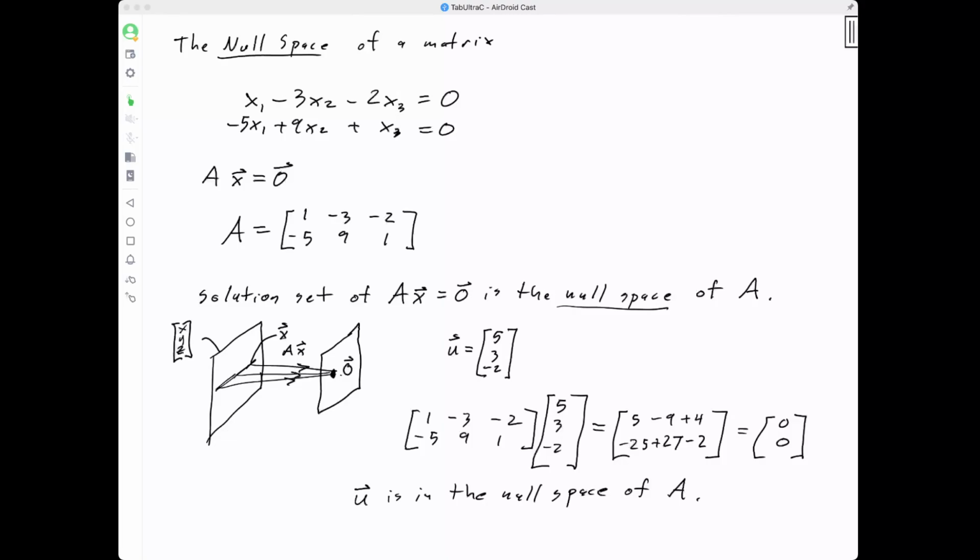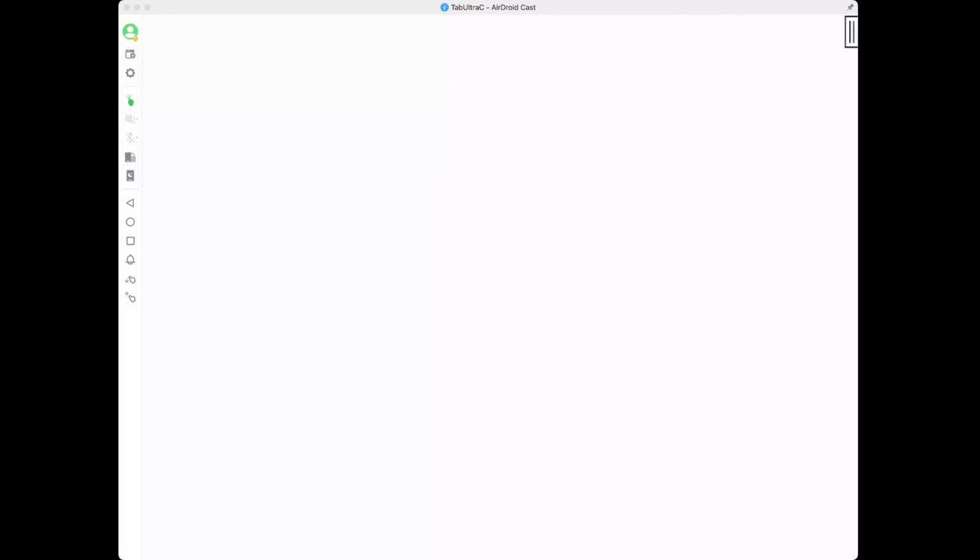And so if we wanted to show that this is in fact a subspace, we could note that, letting A be any matrix, we use A times x equals 0 to find the null space.